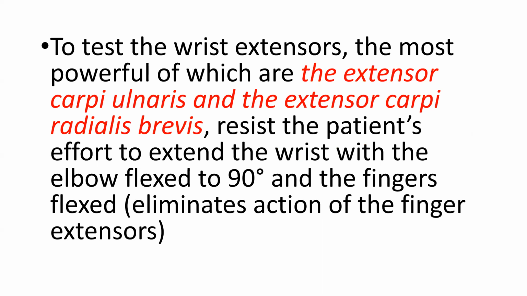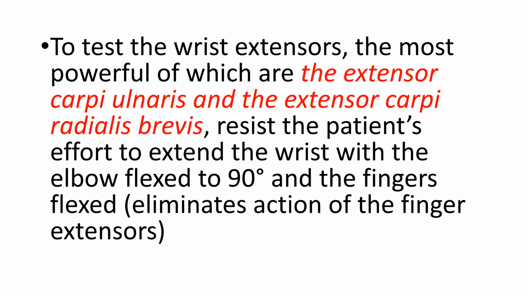To test the wrist extensors, the most powerful of which are the extensor carpi ulnaris and extensor carpi radialis, resist the patient's effort to extend the wrist with the elbow flexed to 90 degrees and the fingers flexed, which eliminates the action of the finger extensors.